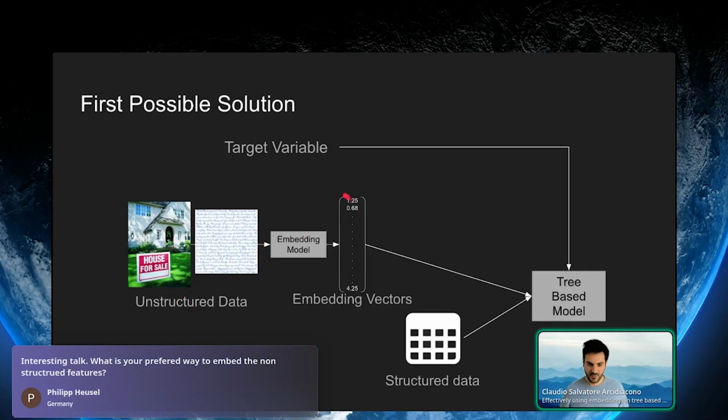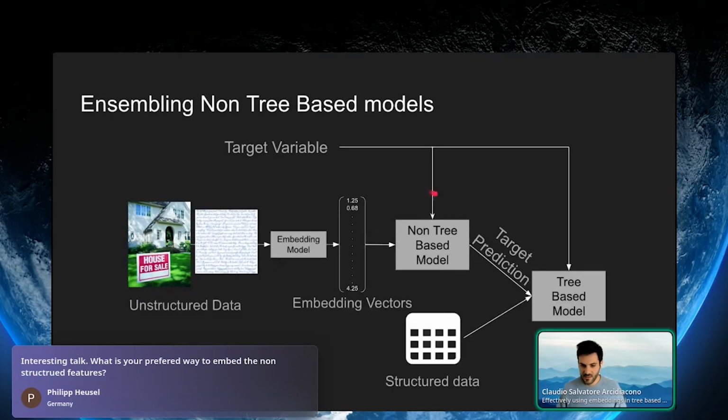This will give you one column, and then you can also embed text using a text model. This gives you two columns, and then you can decide to concatenate them vertically and put them into your non-tree based model in this way. Or you can also decide to make two different non-tree based models, stacking two non-tree based models and one tree based model in one go. This is how you would do it, essentially.